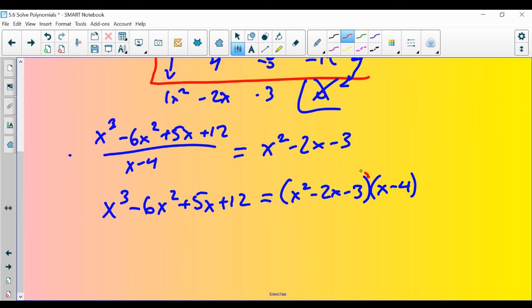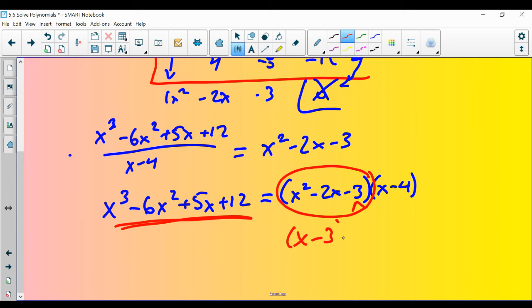If I can factor this statement here, then I will have completely factored this. And this is factorable. If we factor this using the traditional method, this would come out to x minus 3, x plus 1, x minus 4. And that is completely factored.